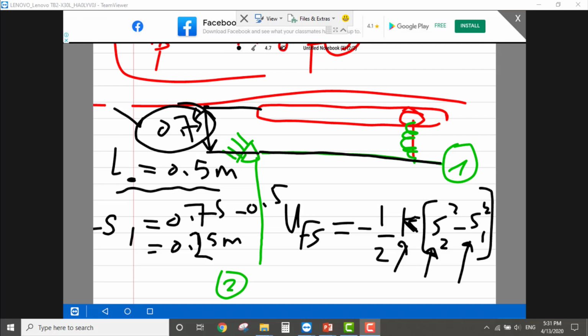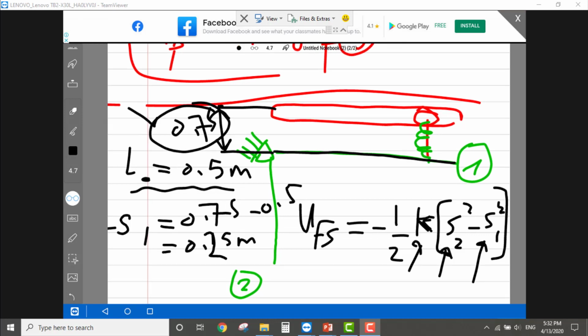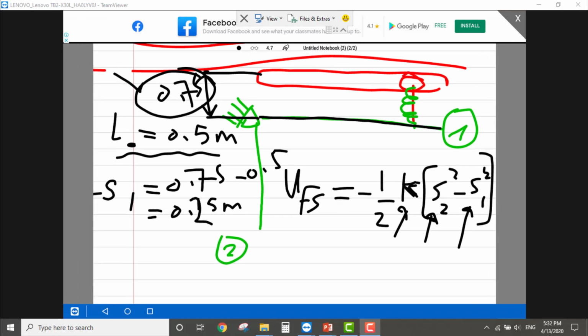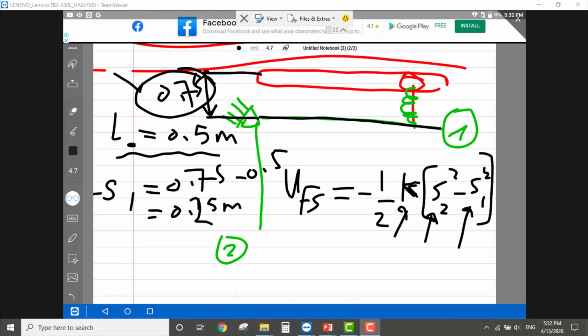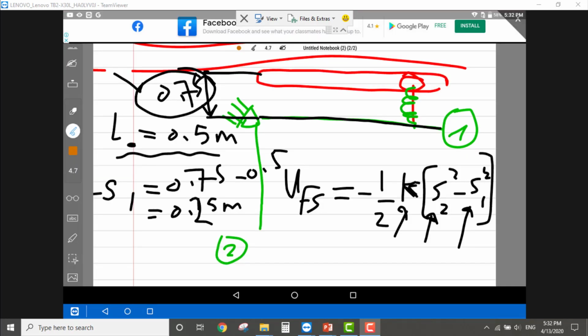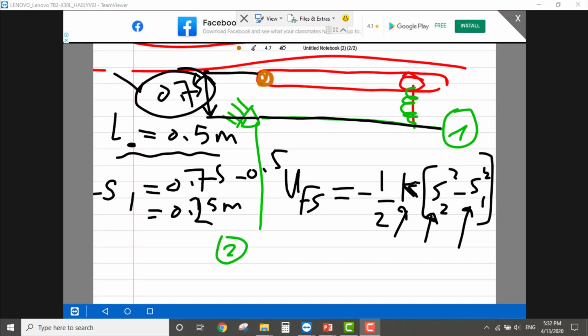So now, how about state 2? Do we have stretching? Of course, yes. Let me use another color. Now in state 2, here is the ruler, and this spring remains vertical, and it is connected to this point.